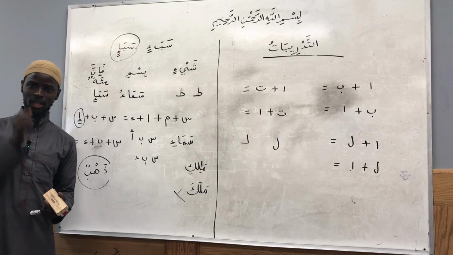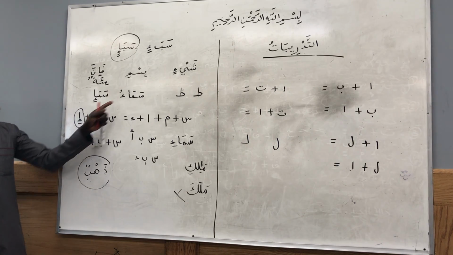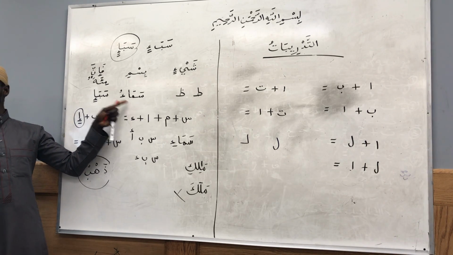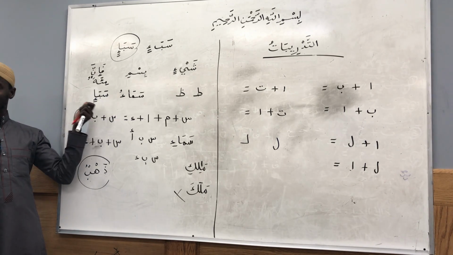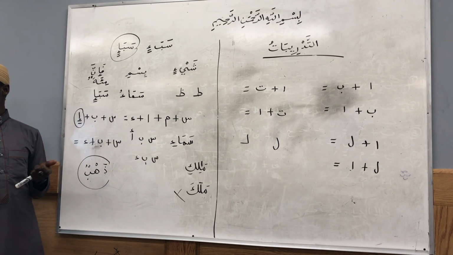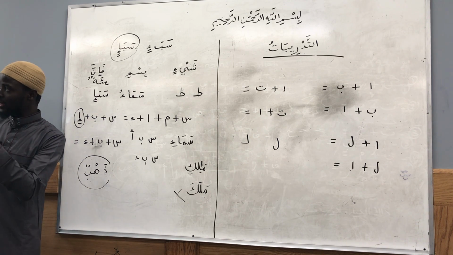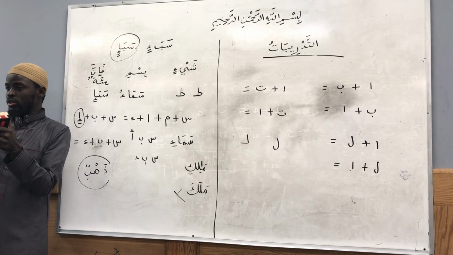You understand? Yes. So I want you to understand this because this is very important. These people always get confused with this. Especially, that's why I said Hamza can be connected when the Hamza is in the middle of the word.